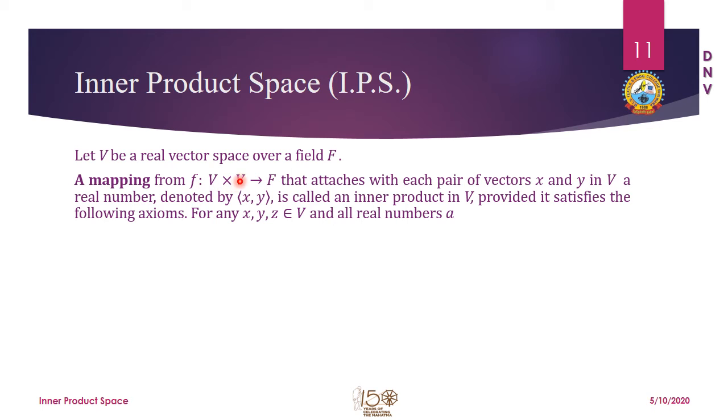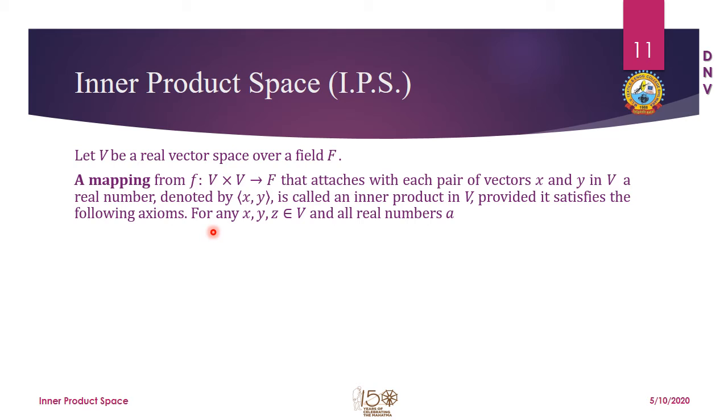We take vectors from the set V cross V and get a scalar which belongs to the set F. If it is denoted by the inner product x comma y, then the vector space V is known as an inner product space, provided it satisfies the following axioms.